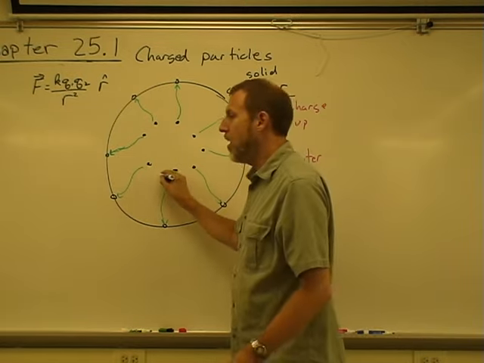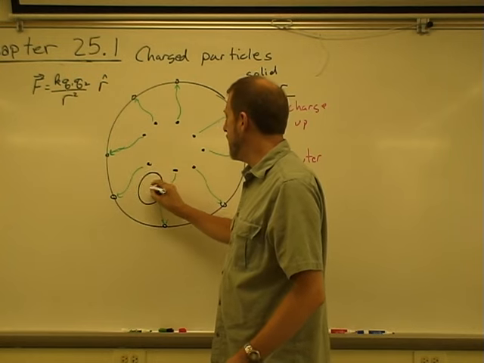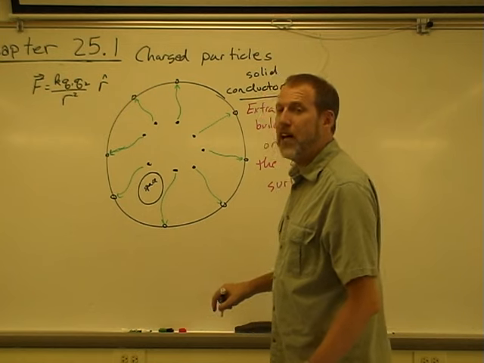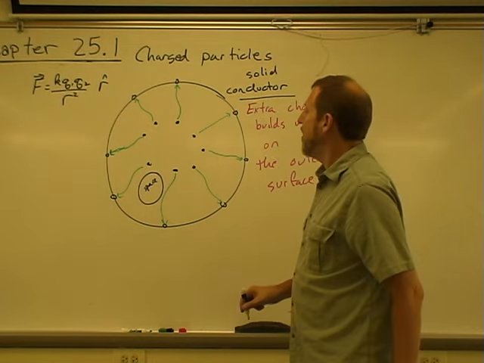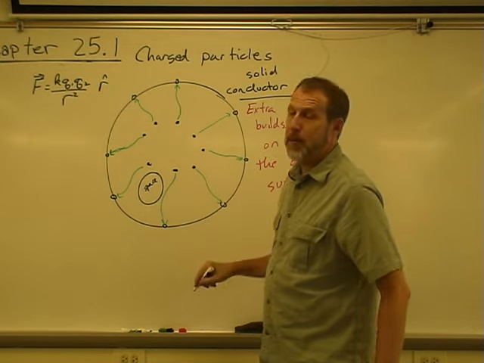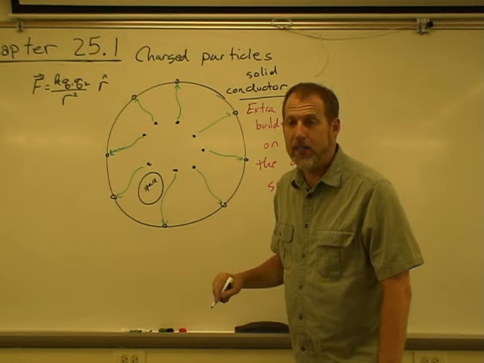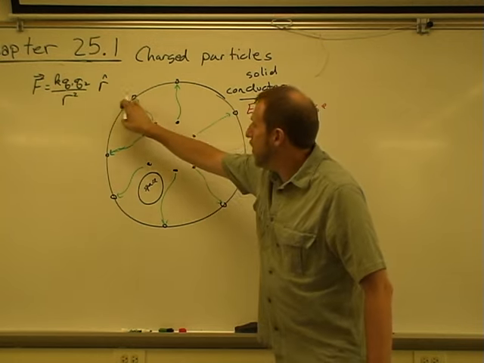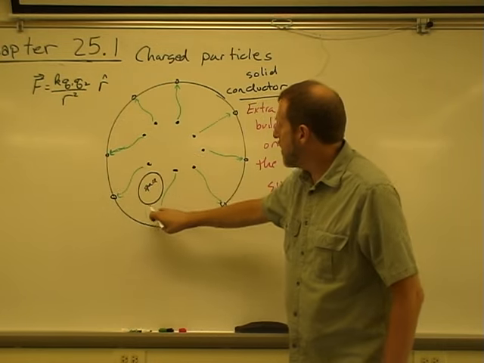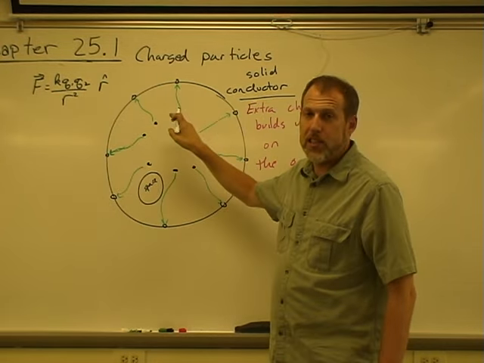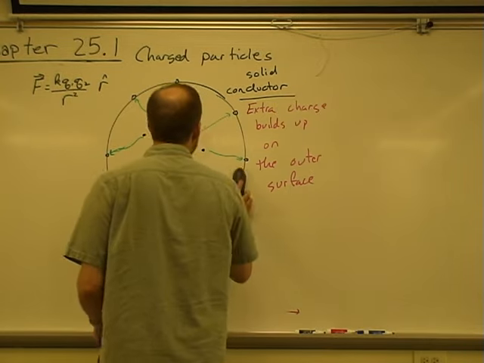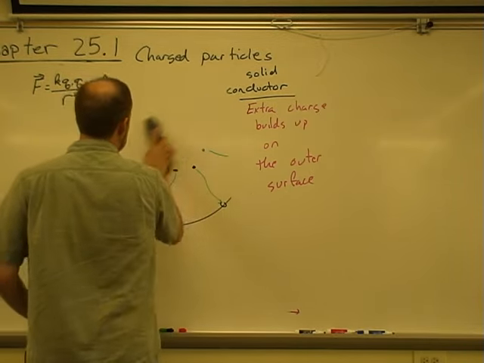Suppose in here I've got an empty bubble, a free space. A charge is not going to move within that bubble because it's not as far away as it can possibly get from everything else, and that's the overriding concern here. So if there's excess charge on this conductor, it will be on the outside edge and nowhere else.